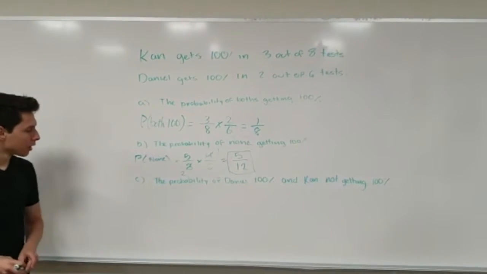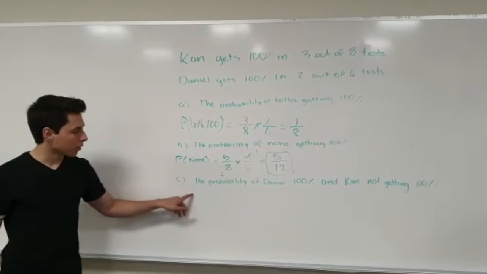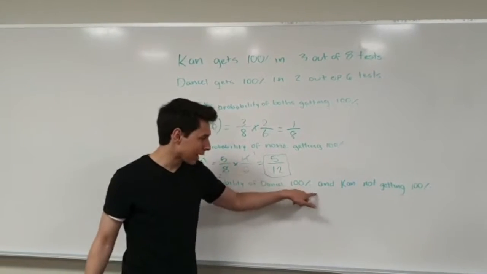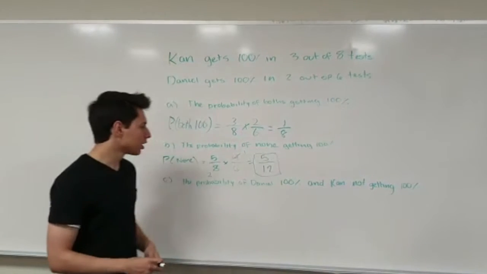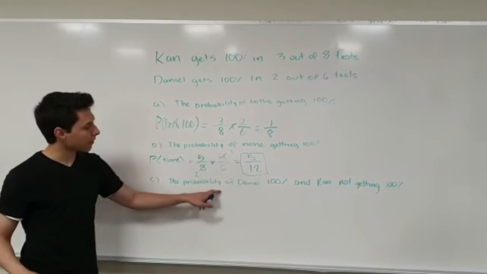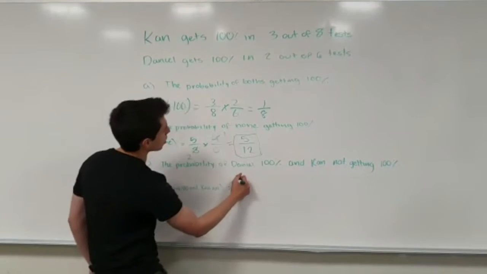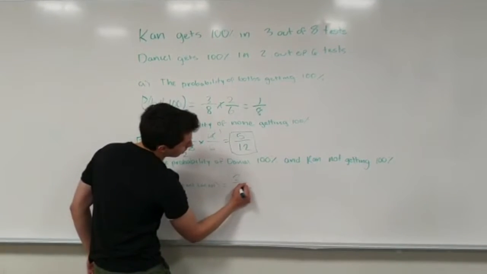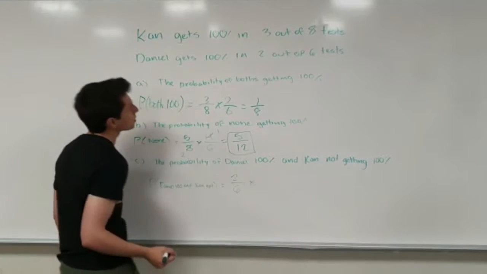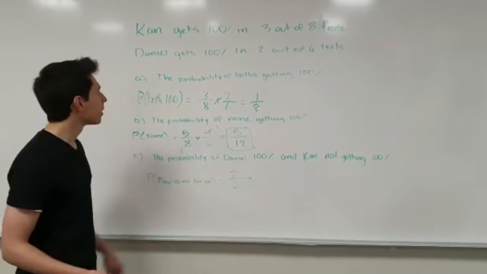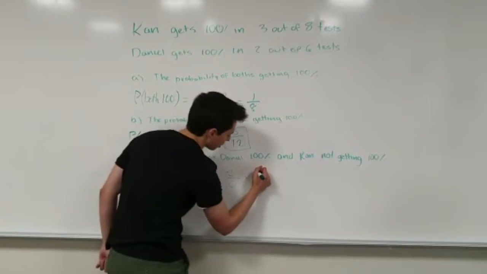And for letter C, we are going to find the probability of Daniel getting 100 and Khan not getting 100. So we're going to use the probability of Daniel getting 100, which is 2 out of 6, times the probability of Khan not getting 100, which is 5 over 8.